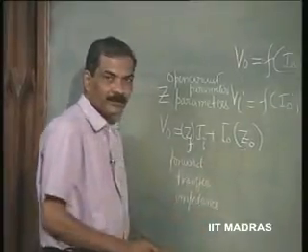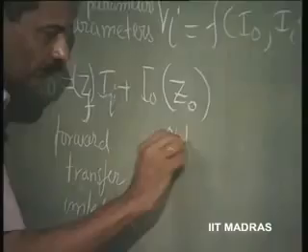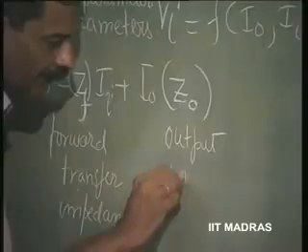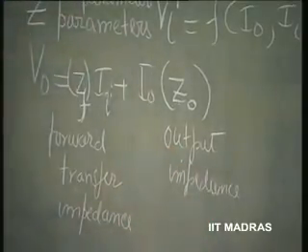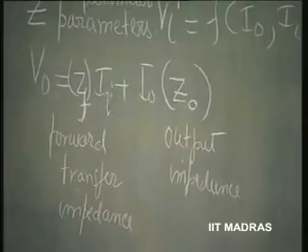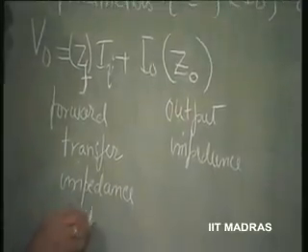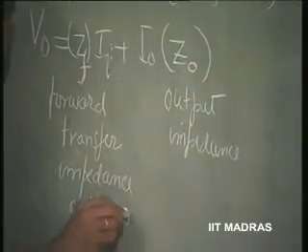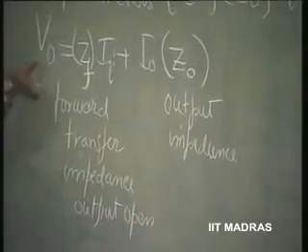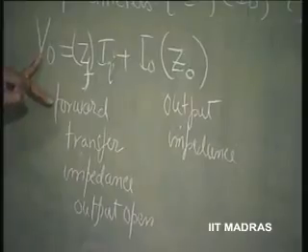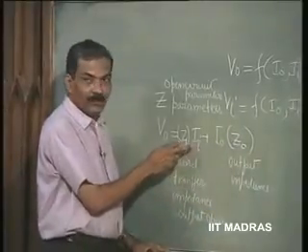This is output impedance. Both these things are measured respectively with this. This is measured when output is open. V0 is going to be open circuit voltage, and this is measured when Ii is 0.